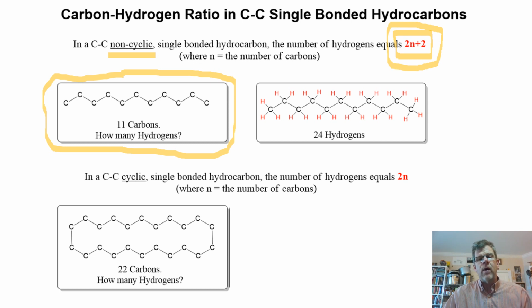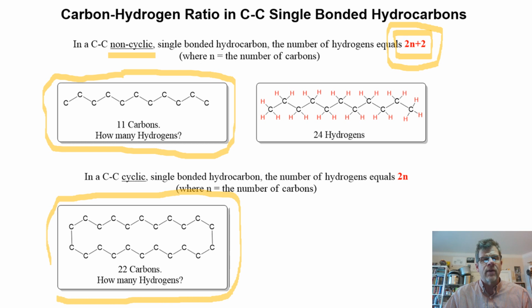Now, if we do have a situation where we have a cyclic hydrocarbon, look at this as an example of a very large cycle right here of 22 carbons, we can easily count the number of hydrogens on it, or come to a number by, rather than 2n plus 2, using the 2n expression right here, with n being the number of carbons.